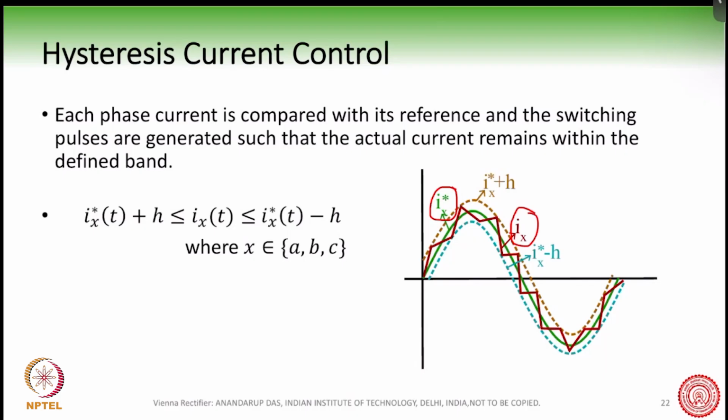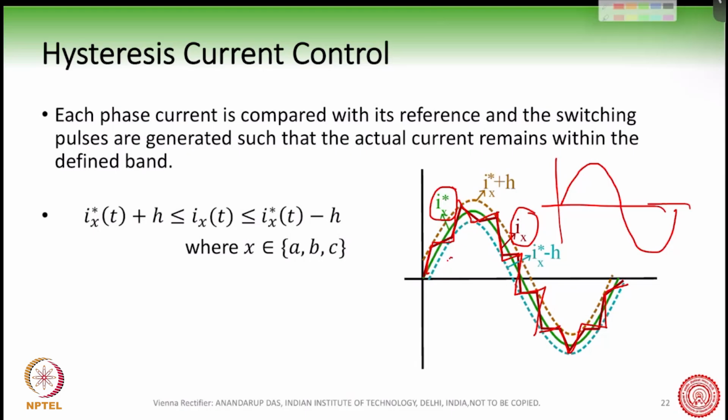So you will control the current in such a way that, of course, it is switching on and off and stays within this band. Of course, this diagram is exaggerated. Actually, the diagram looks like this. This is the actual current, and the switching frequency is much faster than this.